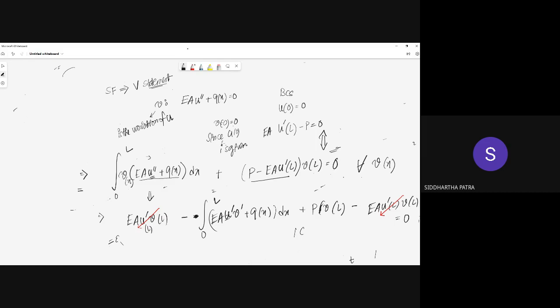Then we will remain with the following variational form. So by the way, this one is minus. So yeah, dx equals the integration from 0 to L of q of x v dx plus p v of L, and this expression right here is our desired variational form.